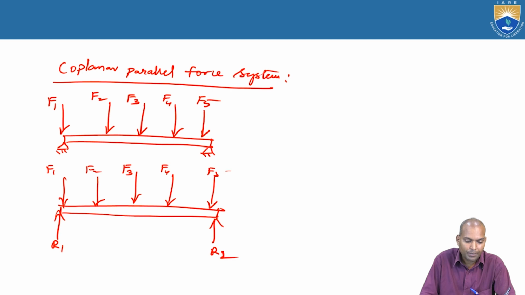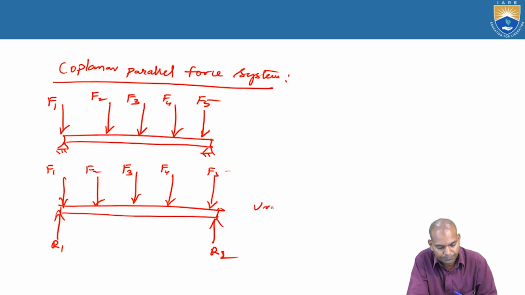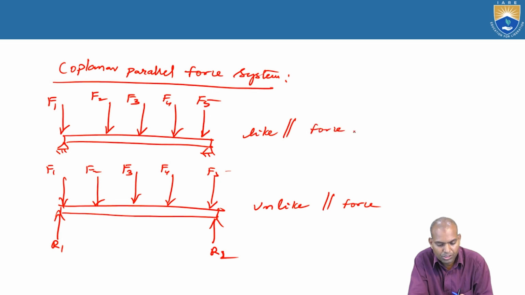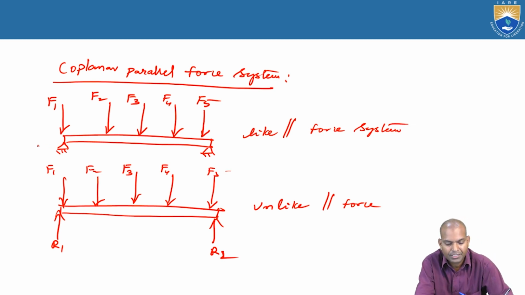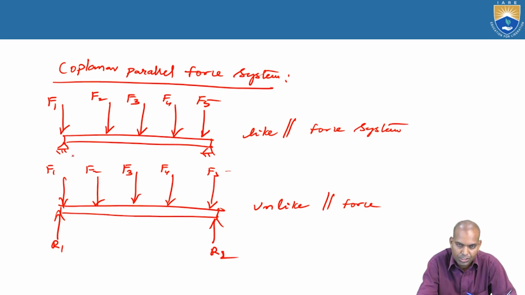So some are downwards and some are upwards. This is the unlike parallel force system, and the earlier one is the like parallel force system. Both come under the category of coplanar parallel force system.